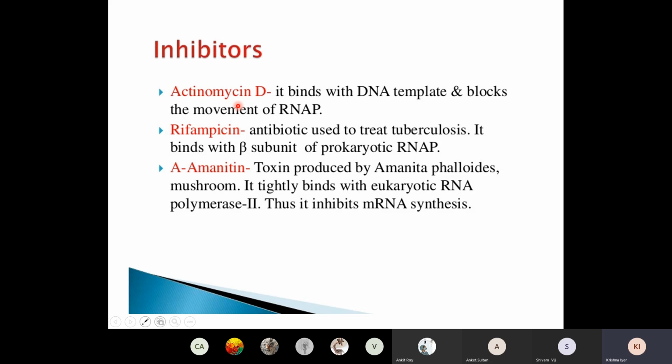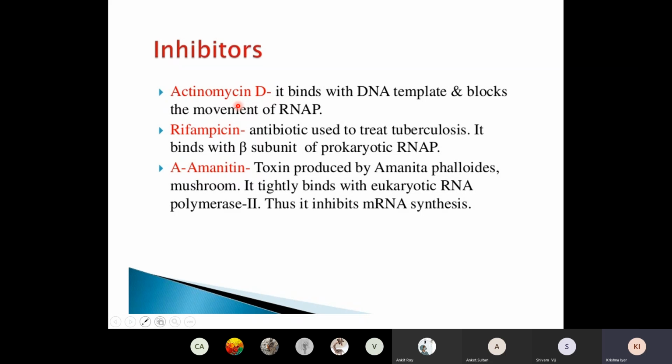Now actinomycin D is actually used for treating cancer, because it's a very good intercalating agent. That means it binds to double-stranded DNA and doesn't allow the double-stranded DNA to separate.